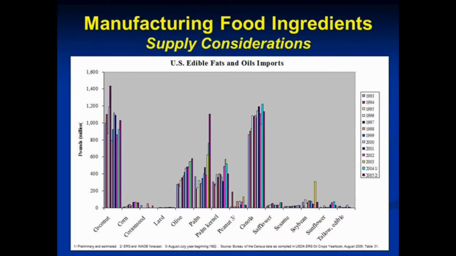Note also that this is about 1 billion pounds, compared to soybean production in the United States, which is running about 15 to 20 times greater than the imports of canola, coconut, and palm. So a big difference in availability. But clearly palm is gaining some traction and some use in the U.S. It's being imported more readily, but soybean oil is still a major player.